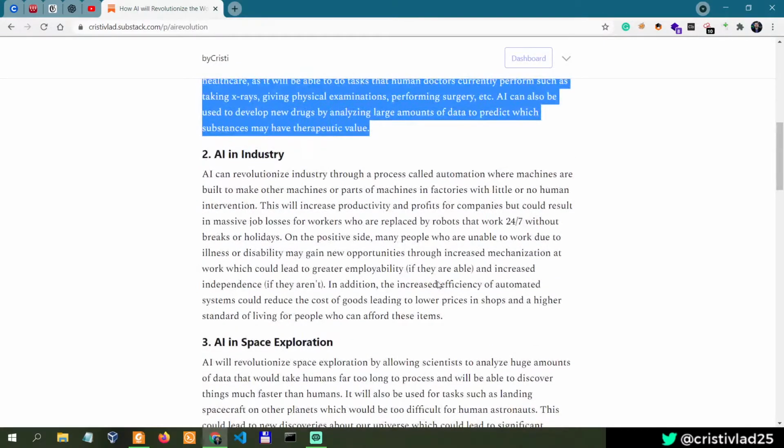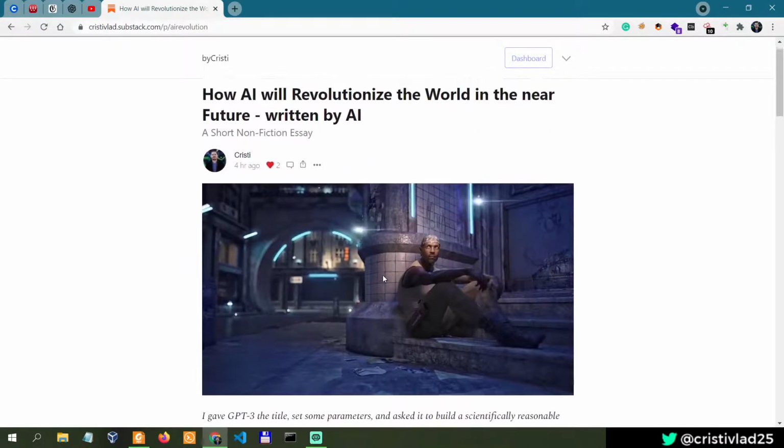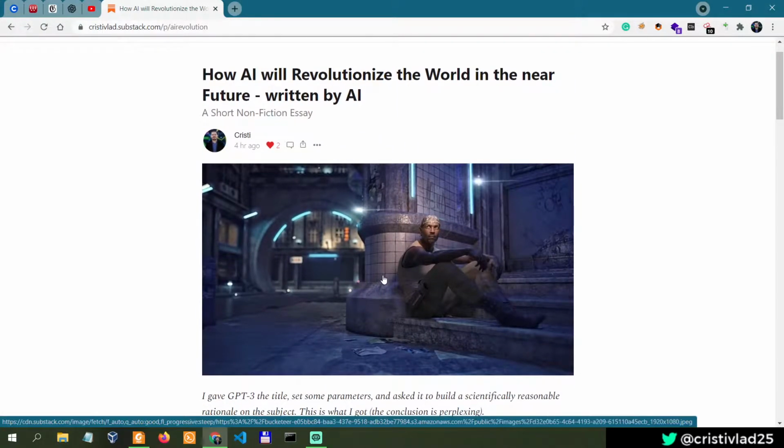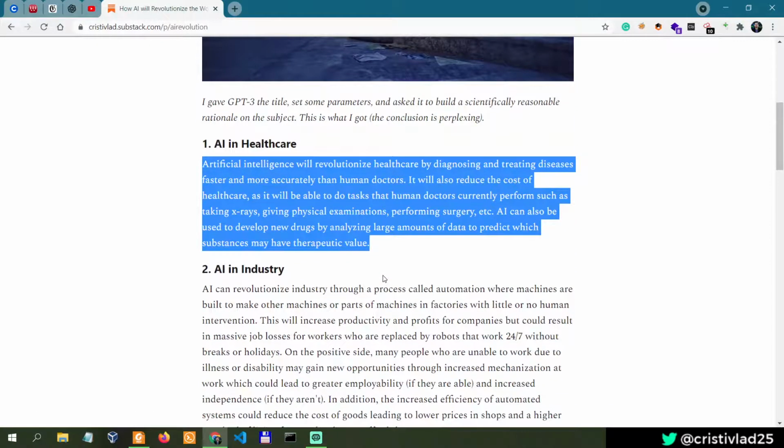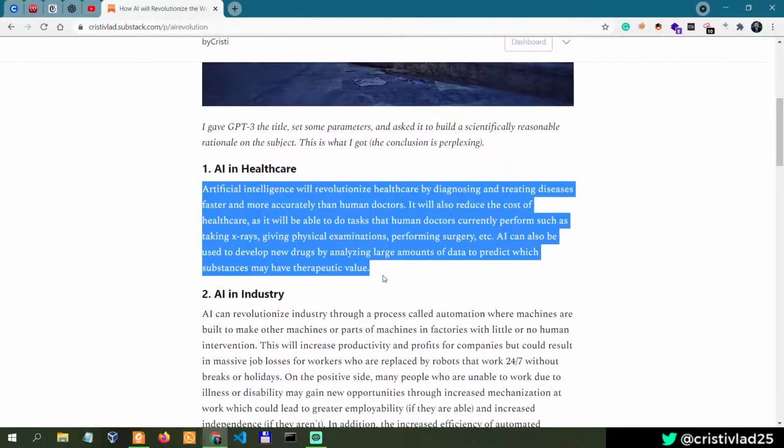And even though it might, in my view, be a little bit surface level, if I prompt GPT-3 to be even more specific, I think I can get far better insight. For example, instead of saying here AI in healthcare, I could simply say AI and CRISPR-Cas9 genome engineering, and then see what GPT-3 will come up with.